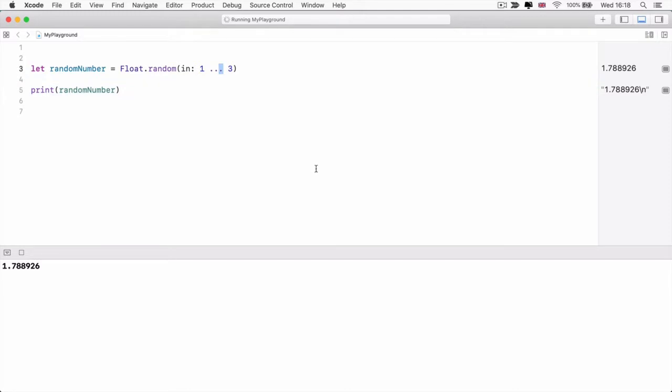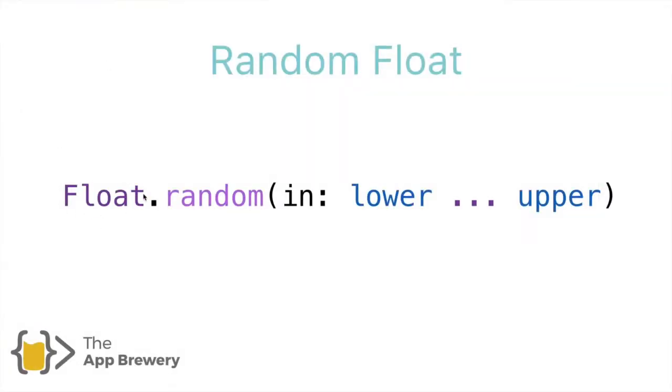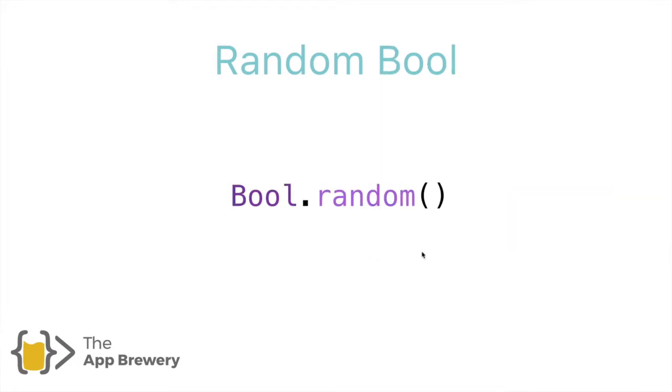But if we change this to a half open range, then you can only get up to 2.99999 recurring, and you will never get 3.0000. So just by changing that data type at the beginning, you can determine what type of random number you get. And this works for Booleans as well. But of course, Booleans can only be true or false, so there's no range in this case.